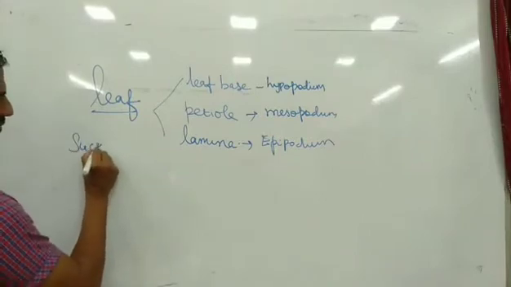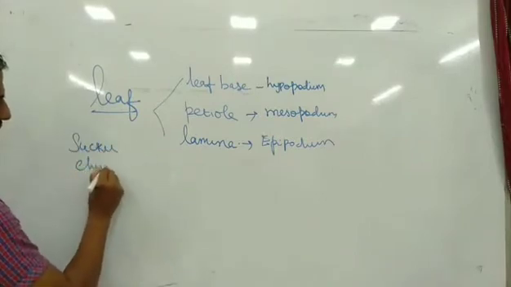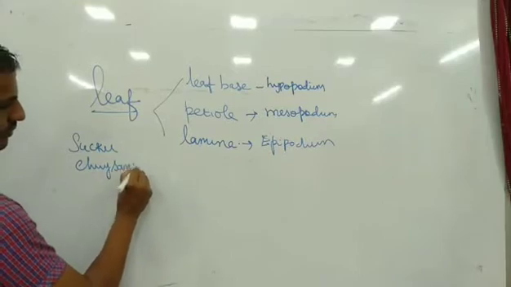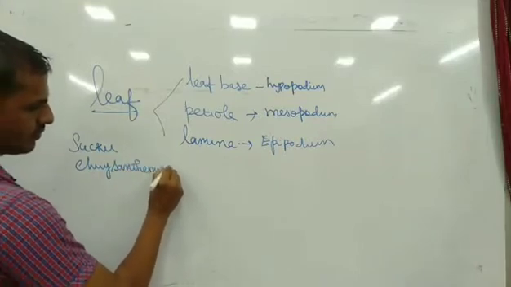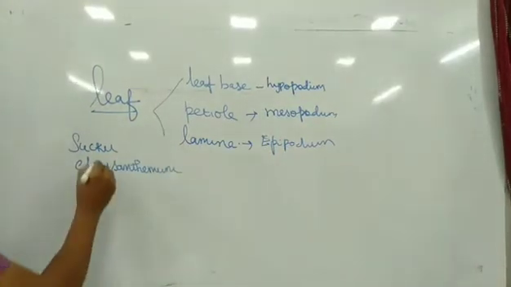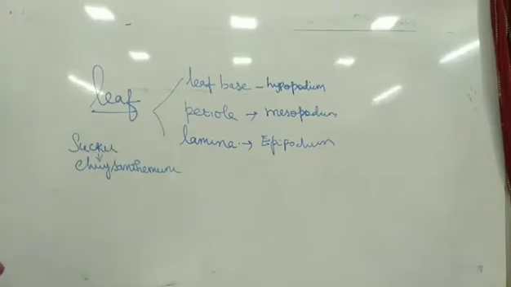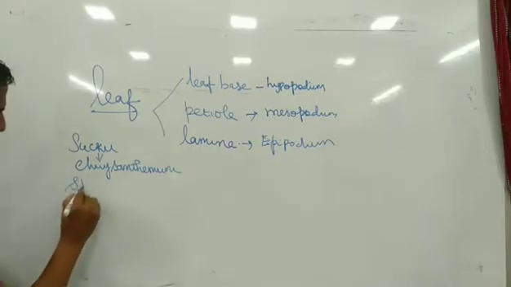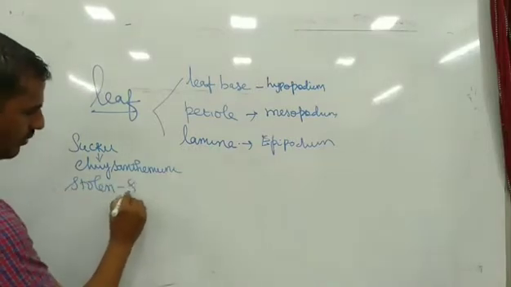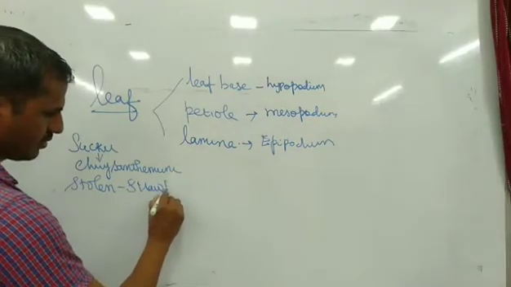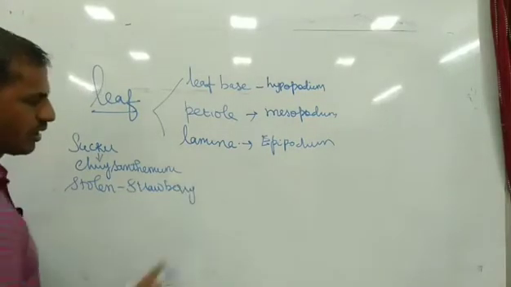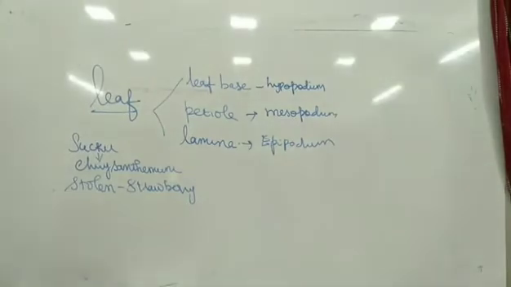Sucker example: chrysanthemum. Chrysanthemum is an example for sucker. Stolon: strawberry.